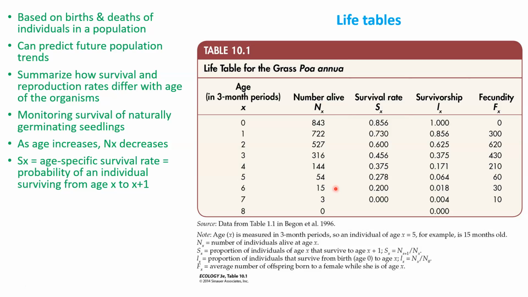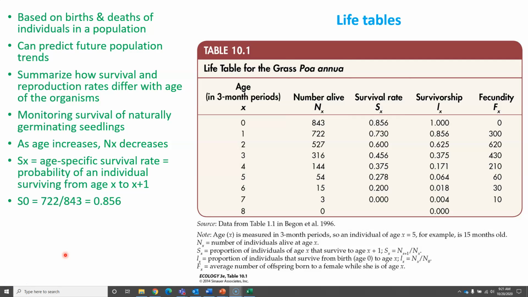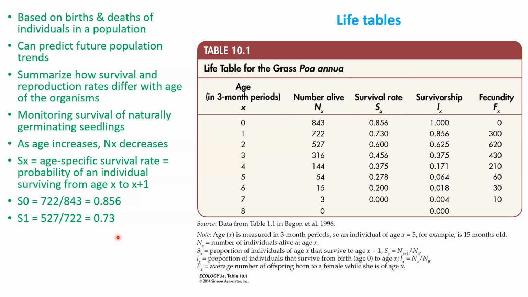So in other words, if you look at SX, at the beginning there were 843 grasses, individual plants, in other words, right? And then only 722 of 843 survived to 3-month-old plants, right? And let's do another age class.